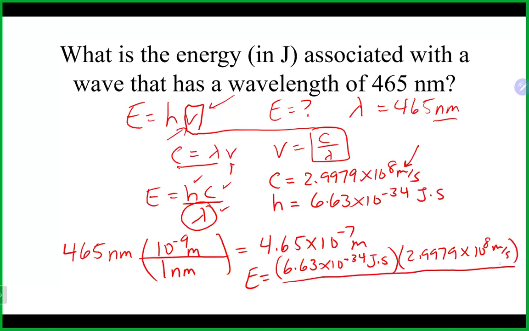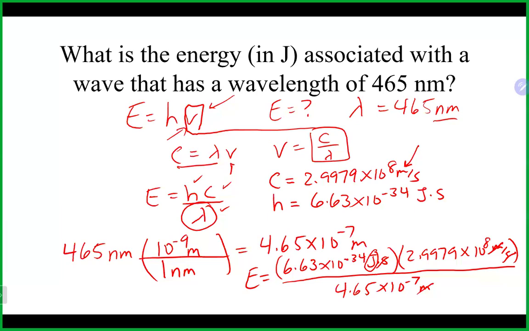And now our wavelength that's in the correct unit is 4.65 times 10 to the minus 7 meters. In terms of units, the meters on top and bottom will cancel. The seconds will also cancel. That's going to leave us just joules, which is good because that is our unit of energy that we are looking for in this case.